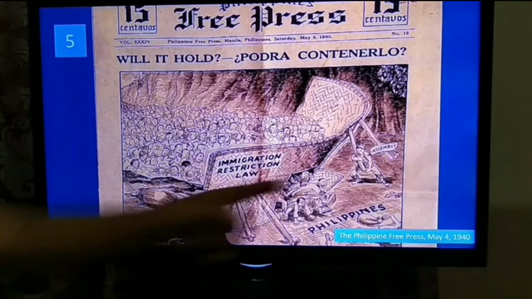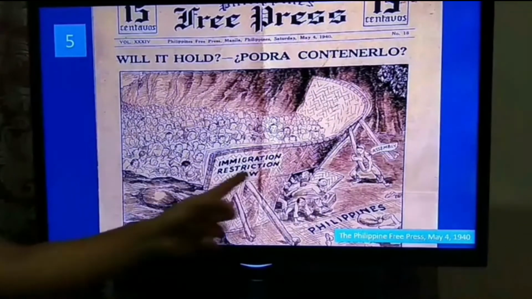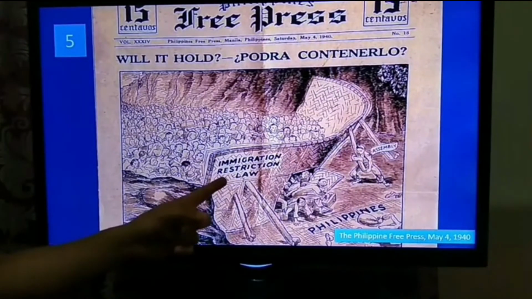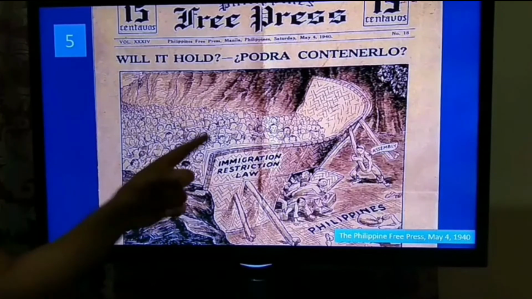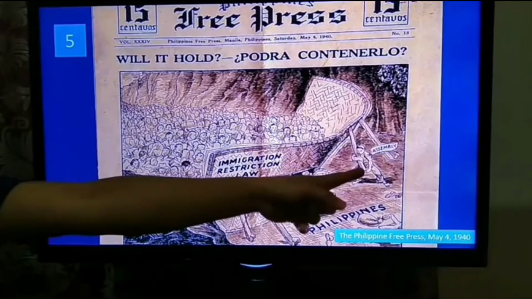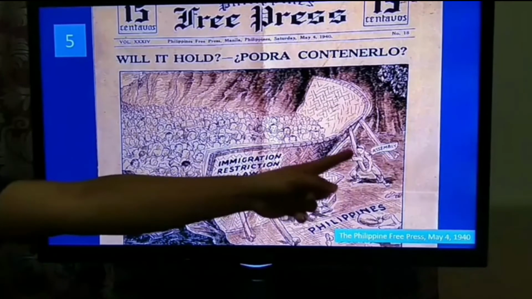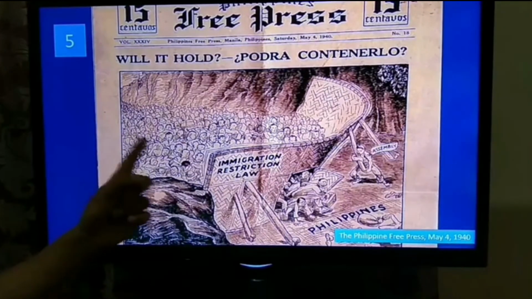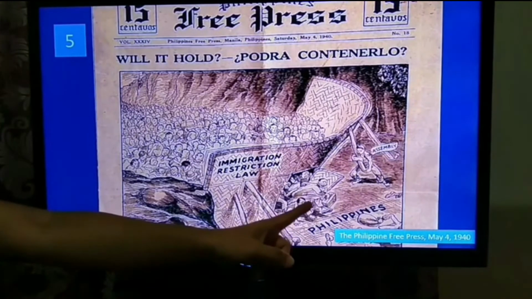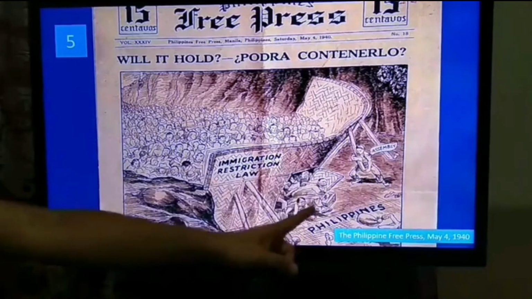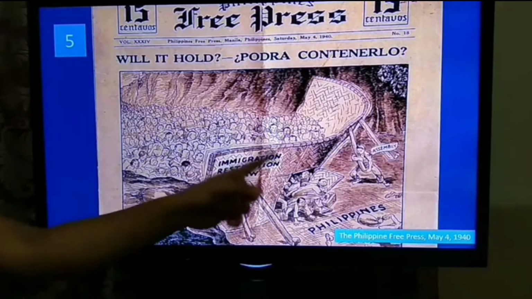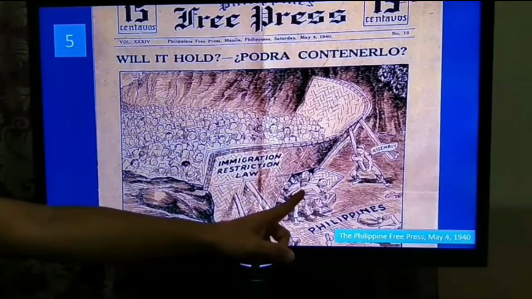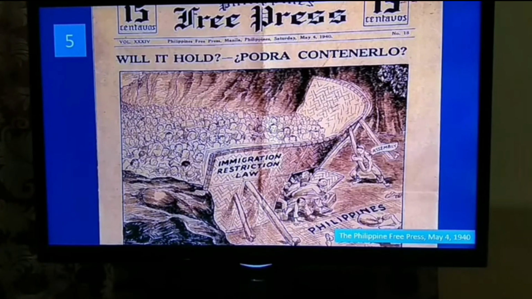And it seems that they made a law that restricts the immigration of so many people. They don't want immigrants to come in the Philippines. They are preventing it. The Congress is preventing these people from coming in. But it seems that they cannot do that task because they're so massive, and there are some people who are able to get in the Philippines.